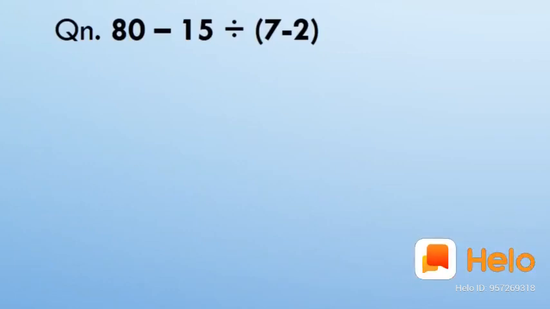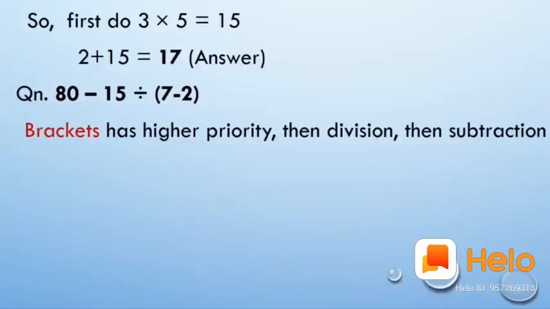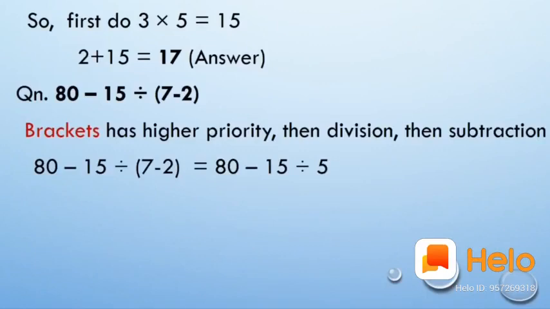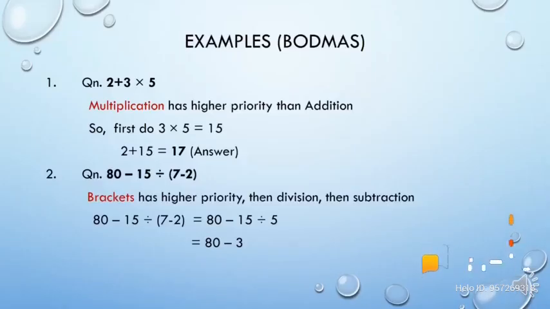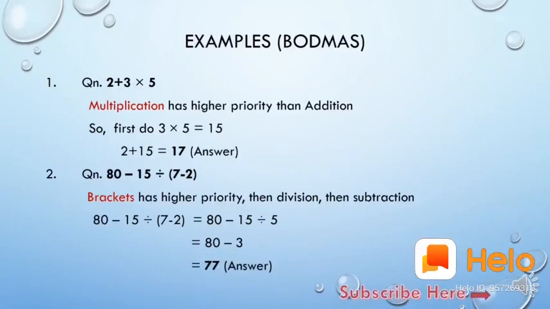Then which one? We have a minus and division. Division has more priority than subtraction. So we have to do division, then subtraction. So here the order of operation is first bracket, then division, then subtraction. So the answer is 77.